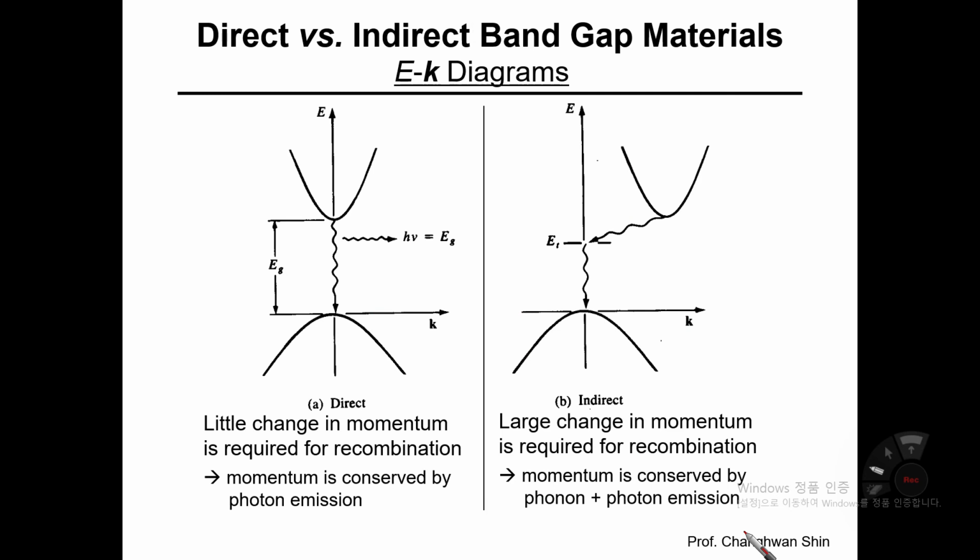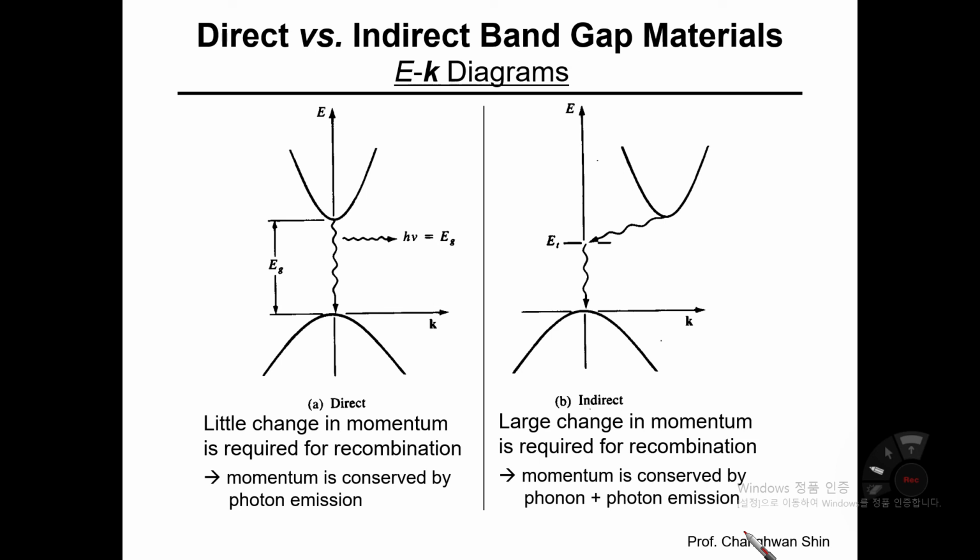All right. So we have learned a brief introduction to generation processes as well as recombination processes over the last two slides. Now let's slightly switch gears and take a look at direct versus indirect band gap materials. Previously we have learned the E-X diagram, right? We have drawn the energy band diagram, which means the energy of electron versus physical distance in silicon material.